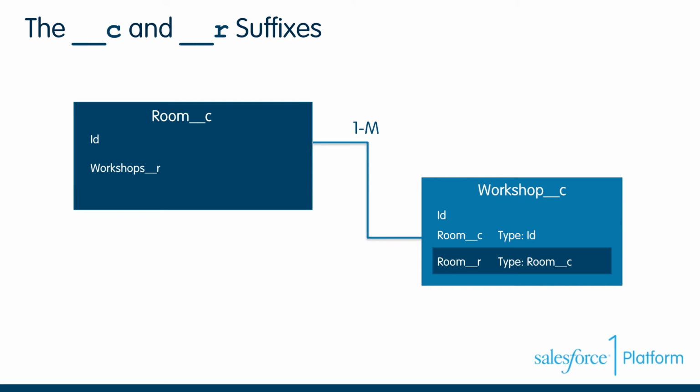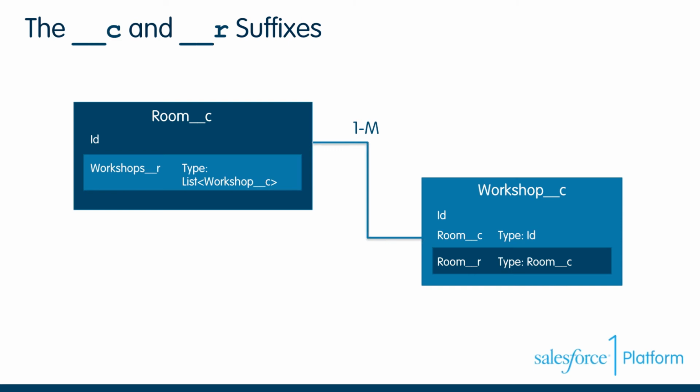So remember, when we're working from right to left, going from workshop to room, we're going from many to one. So it's really easy. We can just go and find a specific room. But if we're going from left to right, we're going one to many. So there could be many workshops in a given room. And so the data type of this is actually a list.